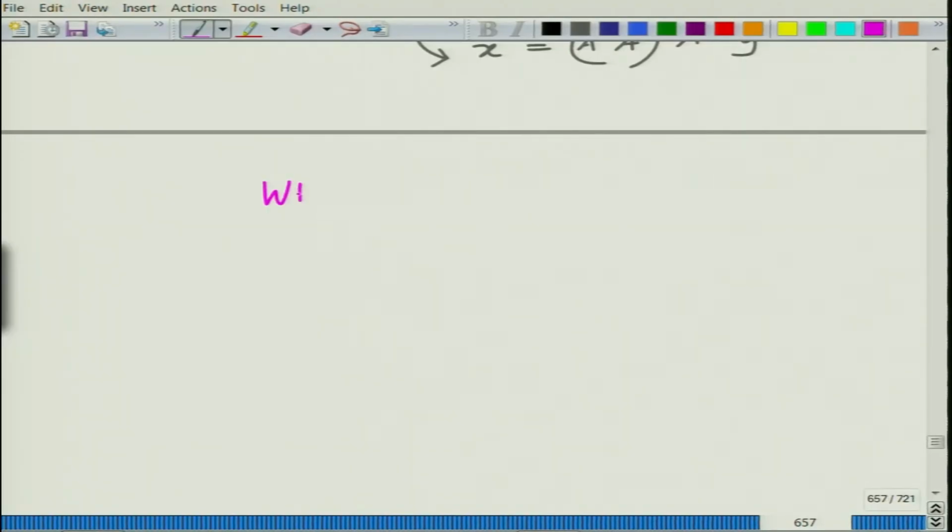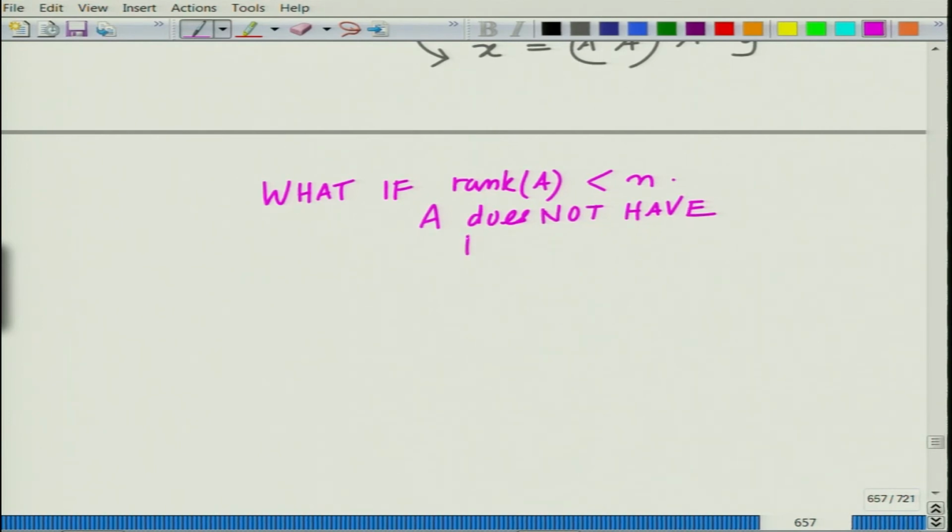Now, that begs the question, what if rank A is less than n, that is A does not have full column rank?